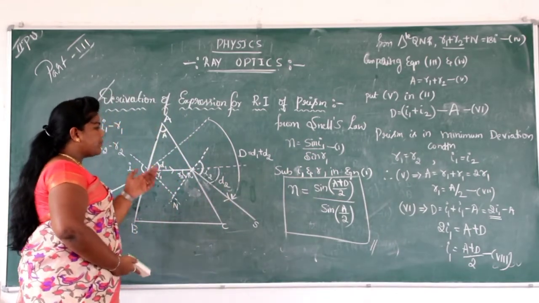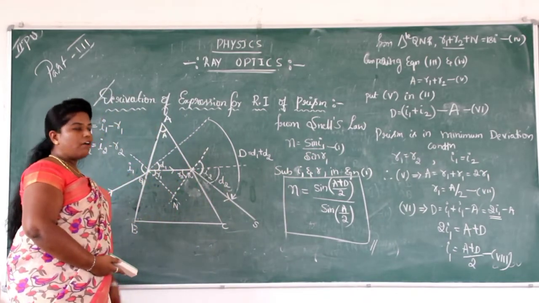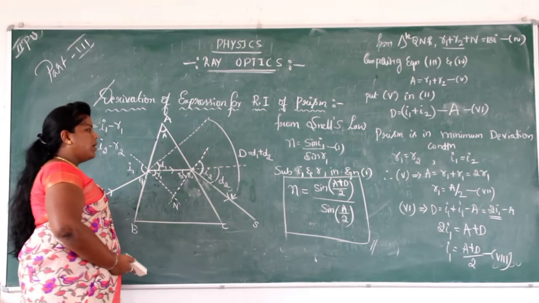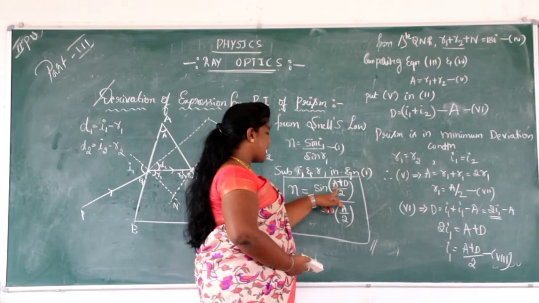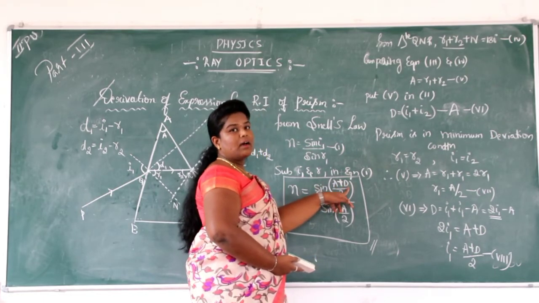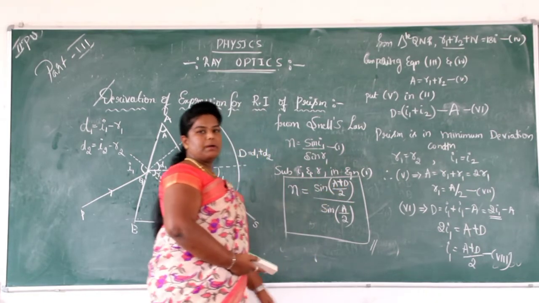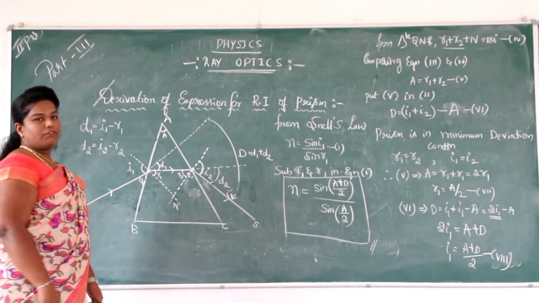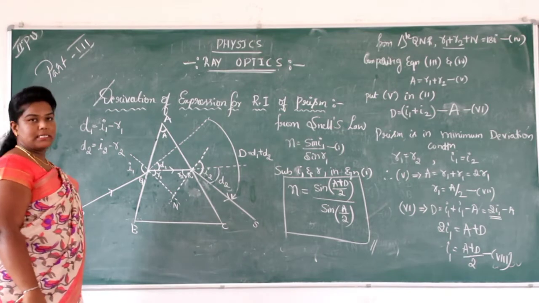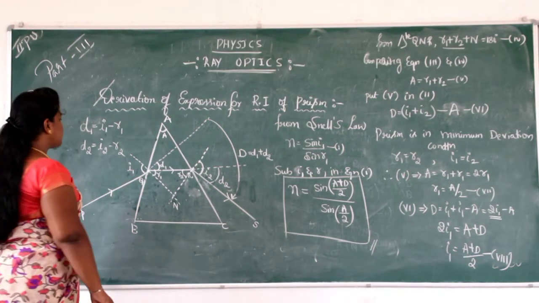So the refractive index n is equal to sine of (A plus D) by 2 divided by sine of A by 2, where n is the refractive index, A is the angle of the prism and D is the minimum deviation produced by the prism. This is the derivation of the expression for the refractive index of the prism. Hope you all got this, my dear students.